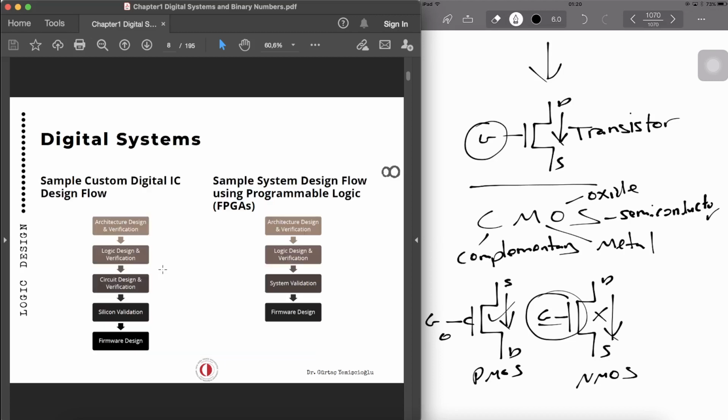So what do we have in a typical digital system, or how do we design a typical digital system? Now we have got two approaches. One of them is, it's not old-fashioned, still we are using it, which is a custom digital IC, because if you want to create something custom, you have to build your own libraries.